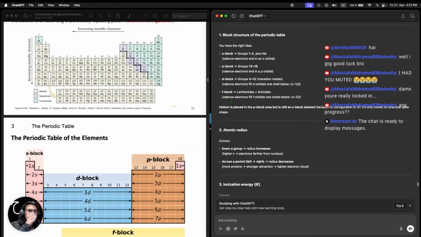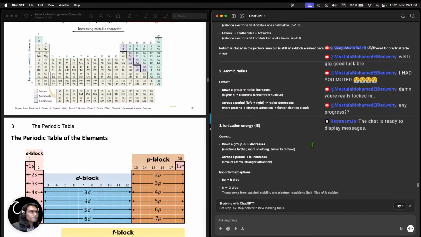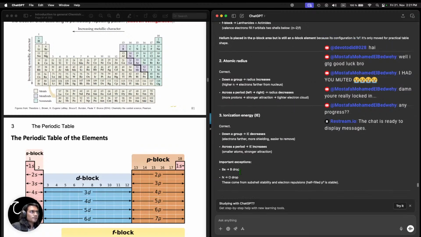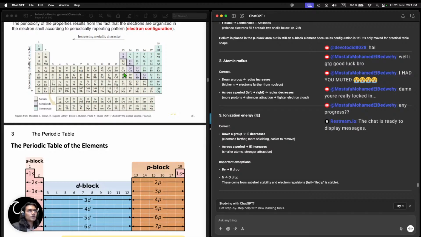But when it comes to d orbital and f orbital, the f orbital that has been filled up would be n minus 2 f orbital. Beryllium. Where is beryllium?